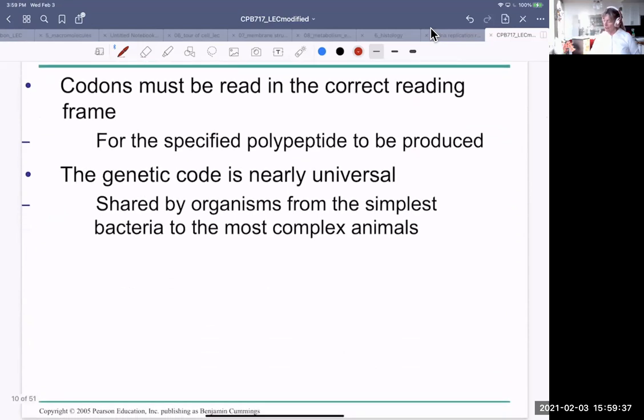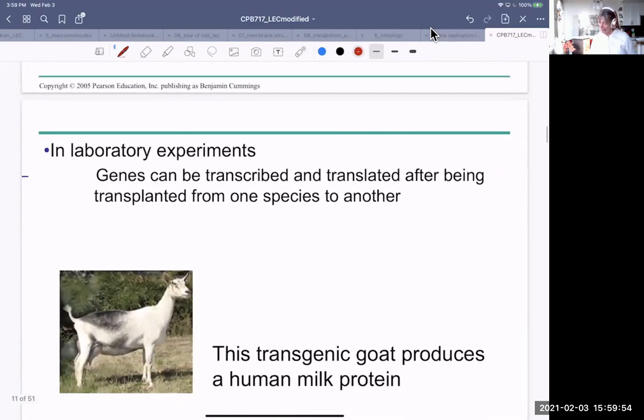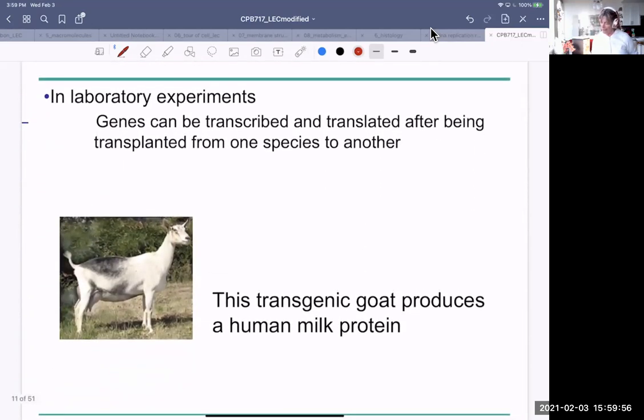So they must be read in the correct reading frame in order for that polypeptide to be produced. Of course, the genetic code is nearly universal. It's shared by organisms from very simple bacteria to the most complex animals. Indeed, the genetic code is so universal that in lab experiments, you can take a gene that can be transcribed and translated after being transplanted from one species to another.